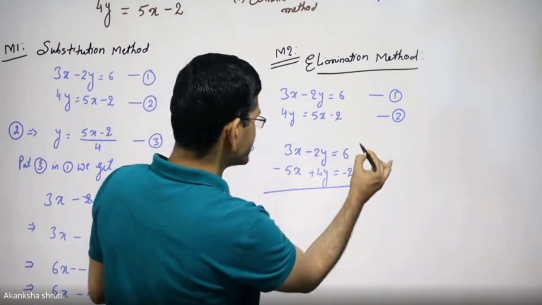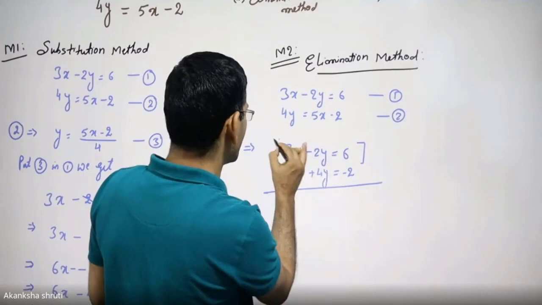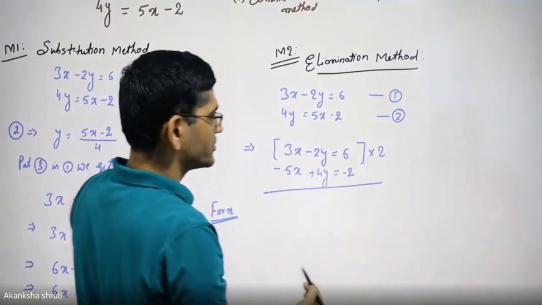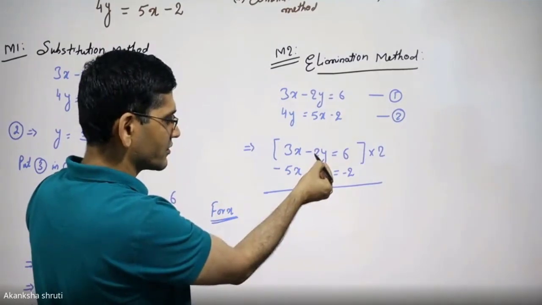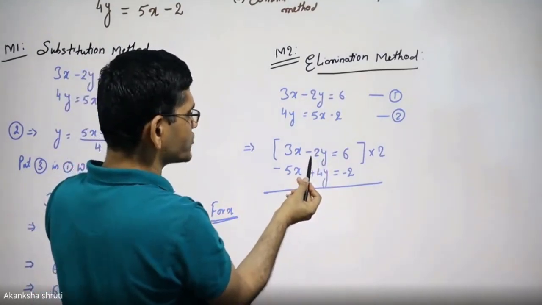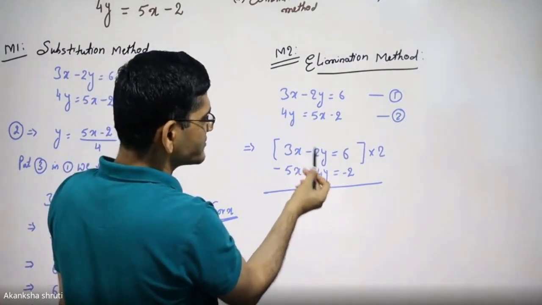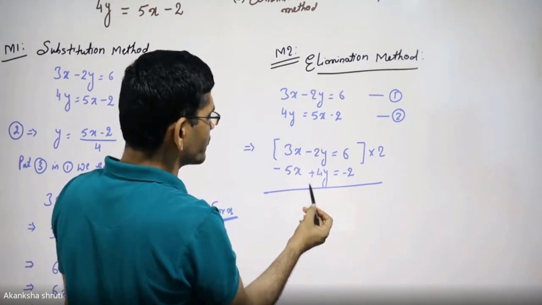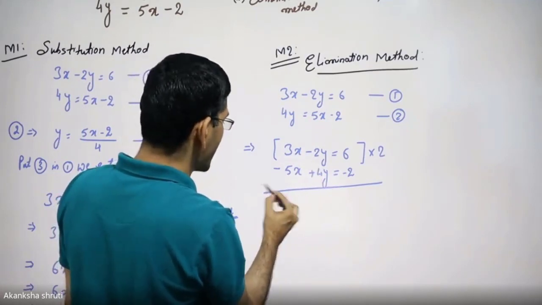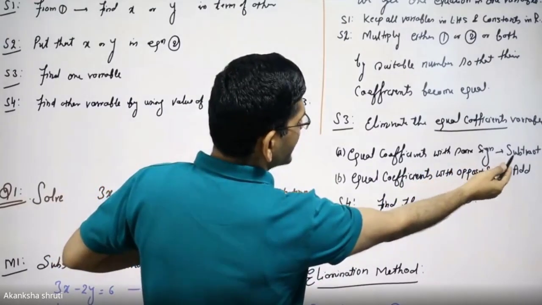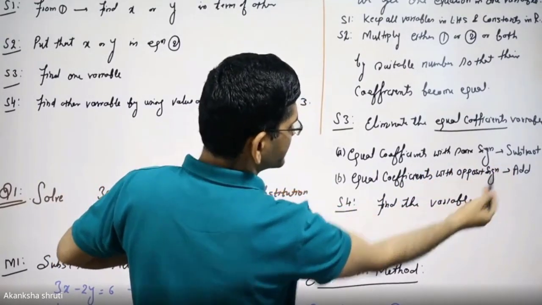So if I just multiply equation 1 by 2, then the coefficients become equal. But considering the sign, the first one is minus 4y and the second one is plus 4y. They have opposite signs, so we need to add. Equal coefficient with the same sign, you need to subtract. With the opposite sign, you need to add.